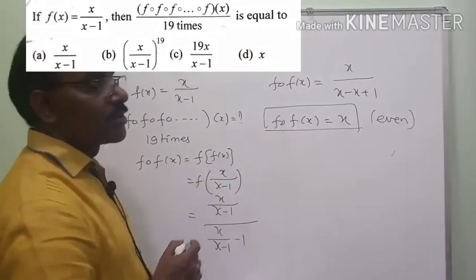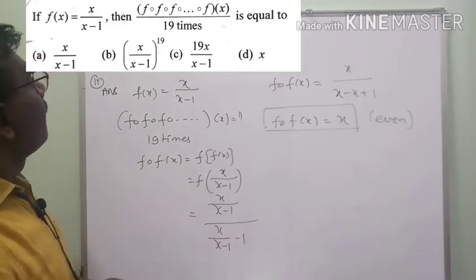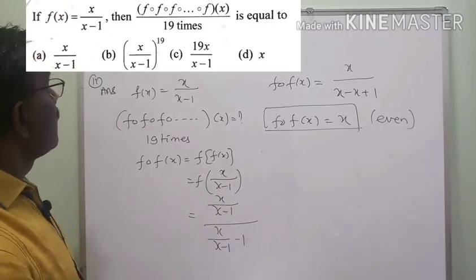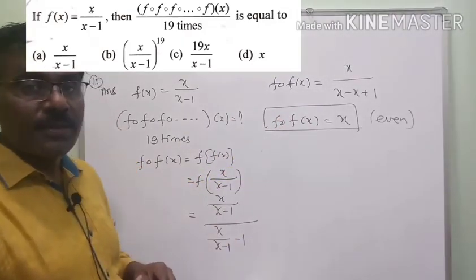This is an even function, meaning you will get the answer x for an even number of times. Two times means it is x.